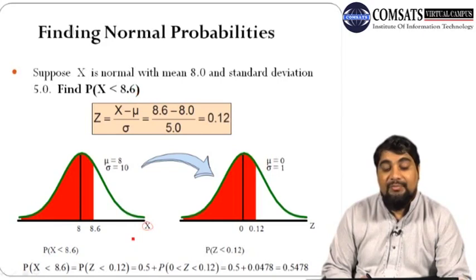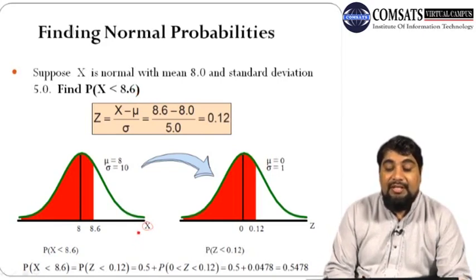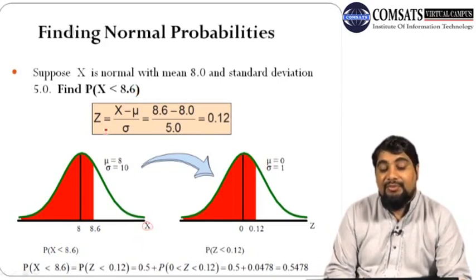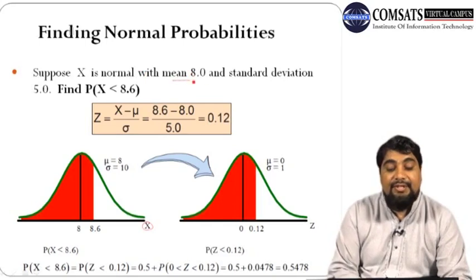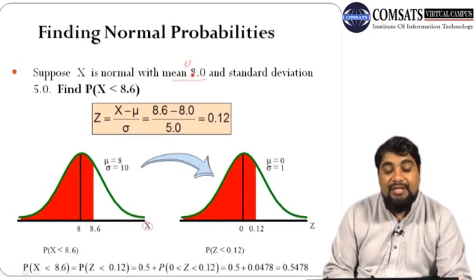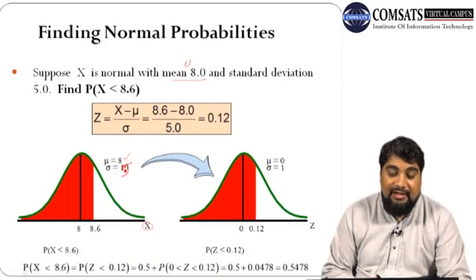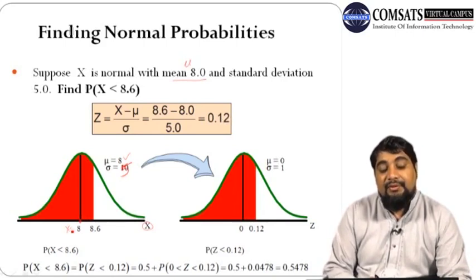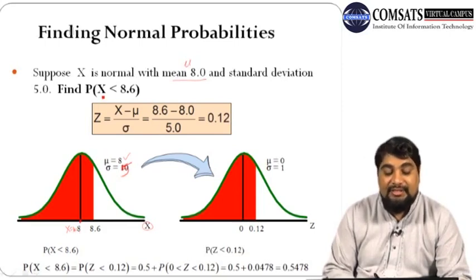Here mu is 8 and sigma is 5. The highest probability occurs at the mean, so x is equal to its mean, which is 8.